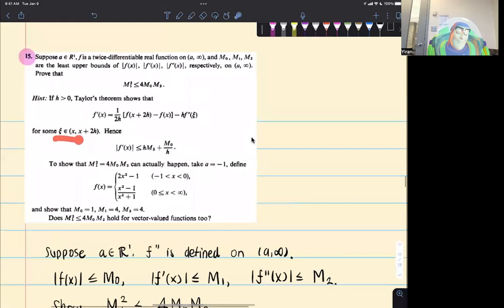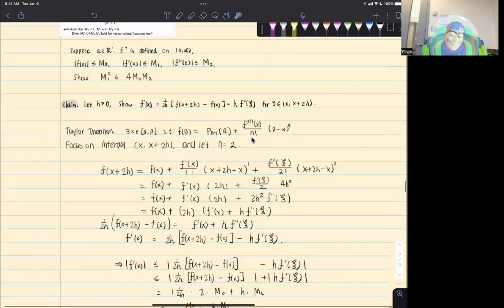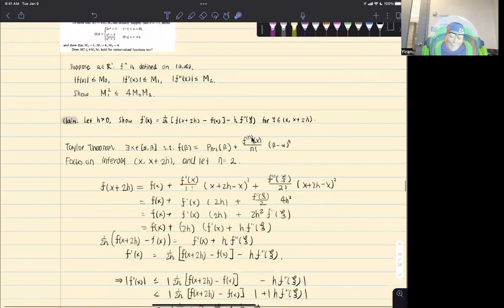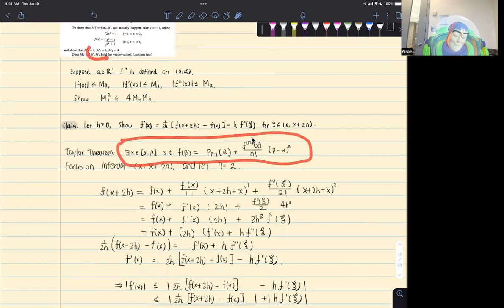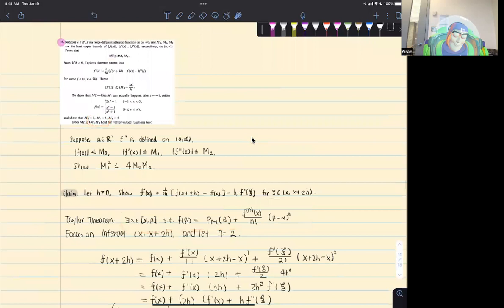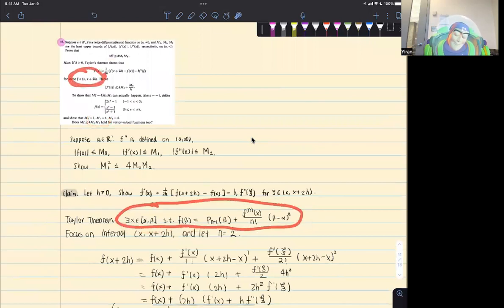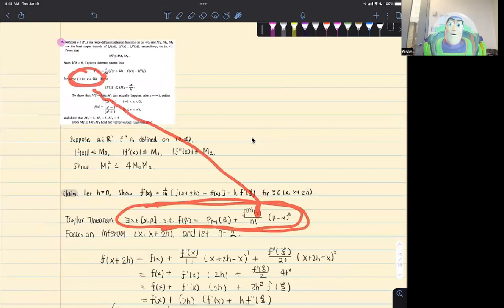So whenever you see there's a hint, for some c in this interval, and if you recall the Taylor theorem, there is an error term at the end, like this is a Taylor theorem, and the c corresponds to this value here.